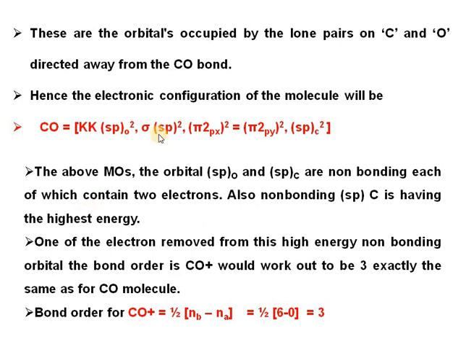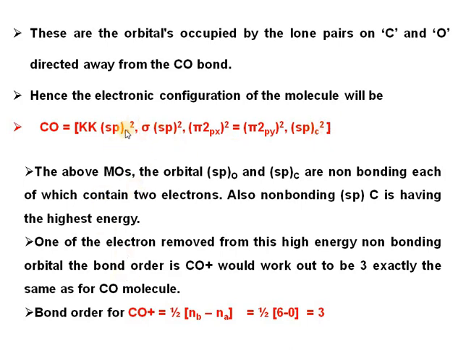The remaining 6 electrons, sigma sp2, pi 2px2 and pi 2py2, total 6 electrons, are bonding electrons, right? One of these electrons is therefore removed from these high energy non-bonding orbitals, like the sp2 carbon or sp2 oxygen.